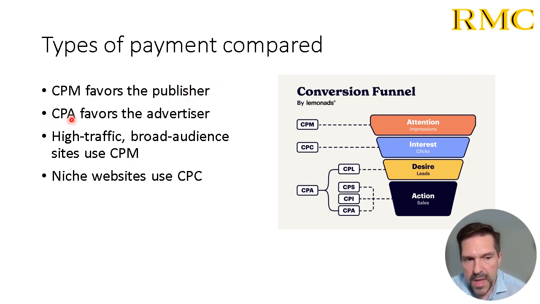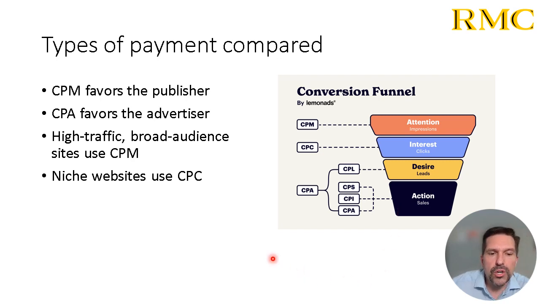Okay, CPA and CPE, so either acquisition or engagement, is obviously going to favor the advertiser. It really depends on the definition of engagement, but acquisition will probably be the furthest downstream metric, which goes beyond just interest and desire to actual action, right?